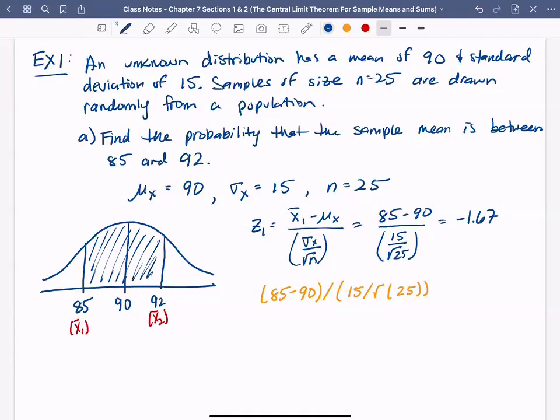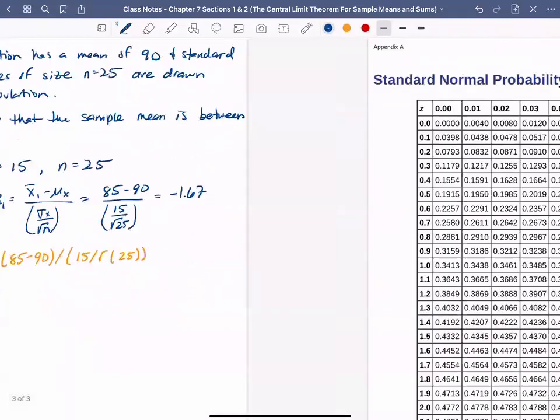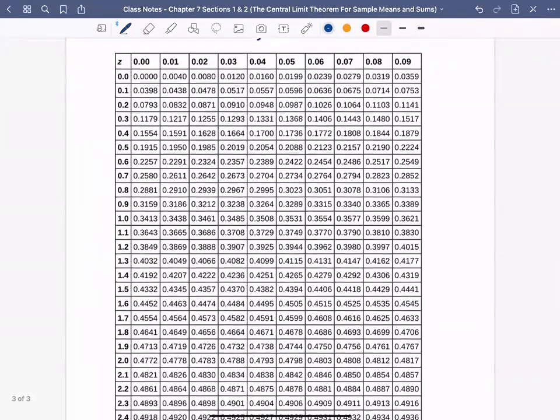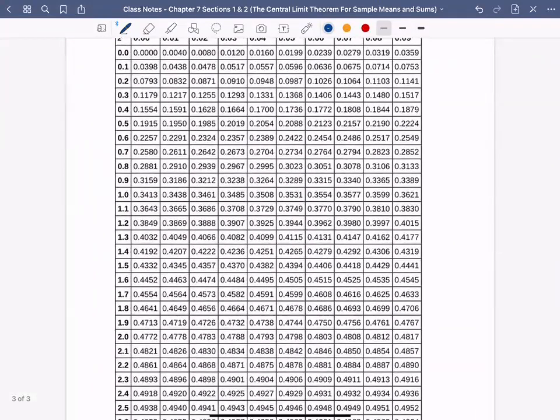Okay, now what do we do with that negative 1.67? This is where we're going to use our table. All right, so we're going to go to our table. I'm not looking at negative because there's no negatives on this because it's about probability and the distance away it is from the mean. So it's all positive. But since we were negative 1.67, we're going to be looking for 1.67. So 1.6 is over here.